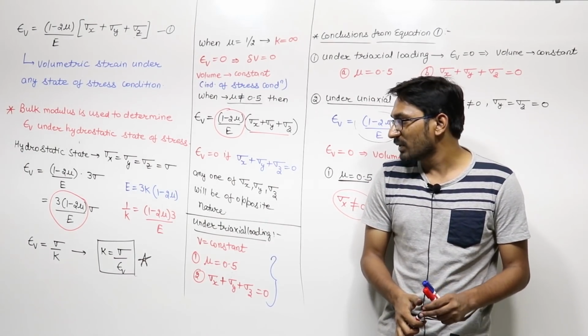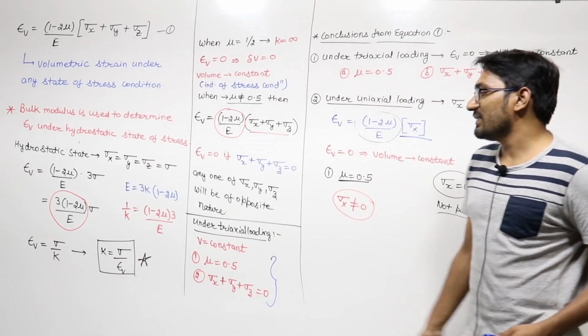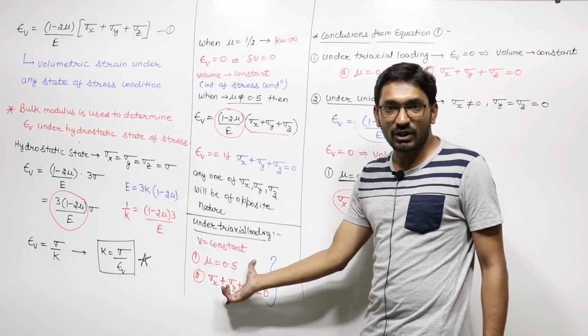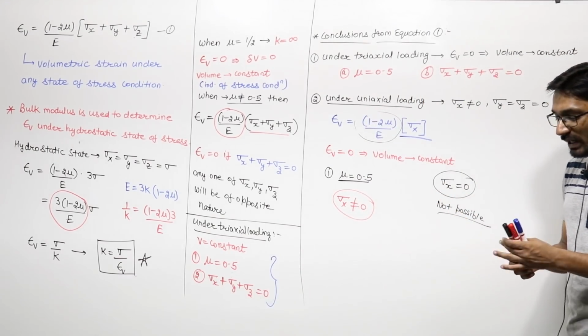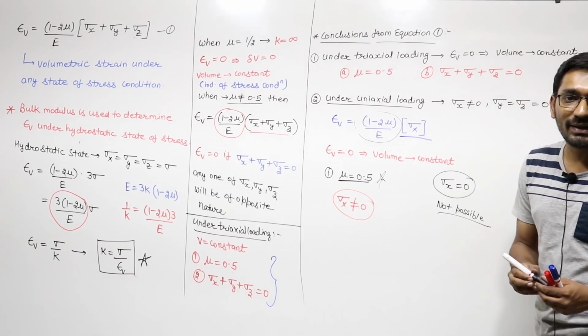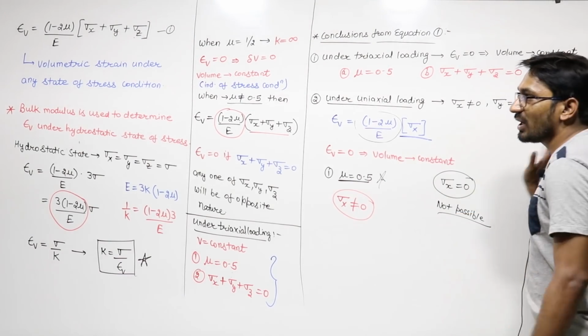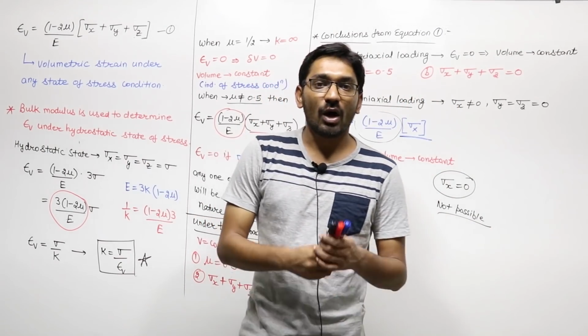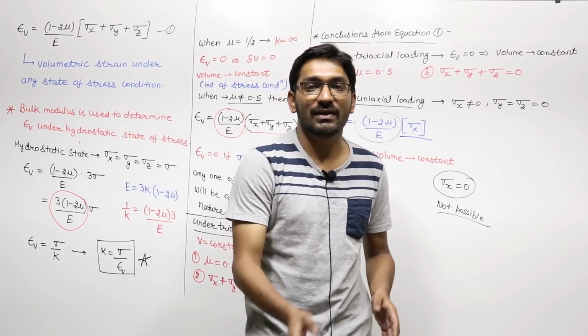So for triaxial loading there are two ways to make your volumetric strain 0, but for uniaxial loading there is only one way. So this is the concept of volumetric strain, and this is the equation for volumetric strain under triaxial loading.